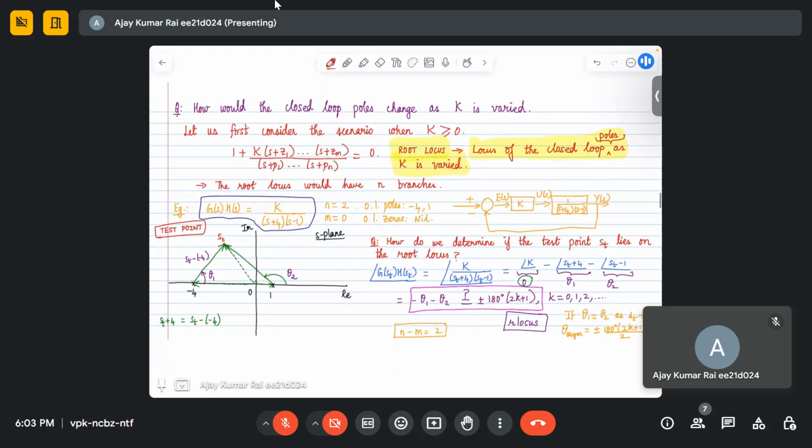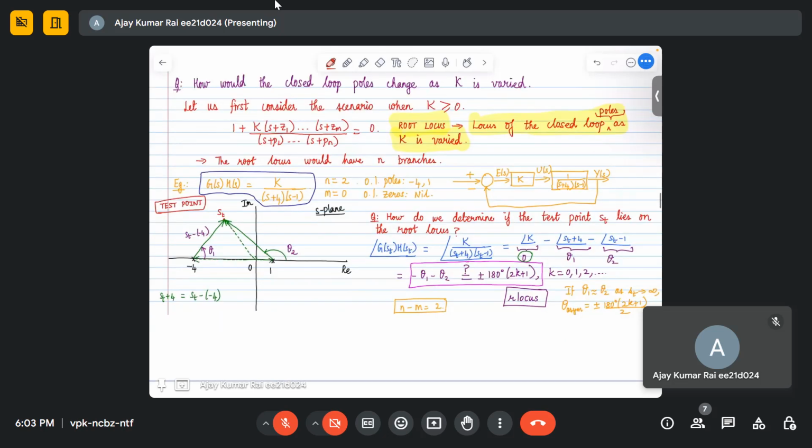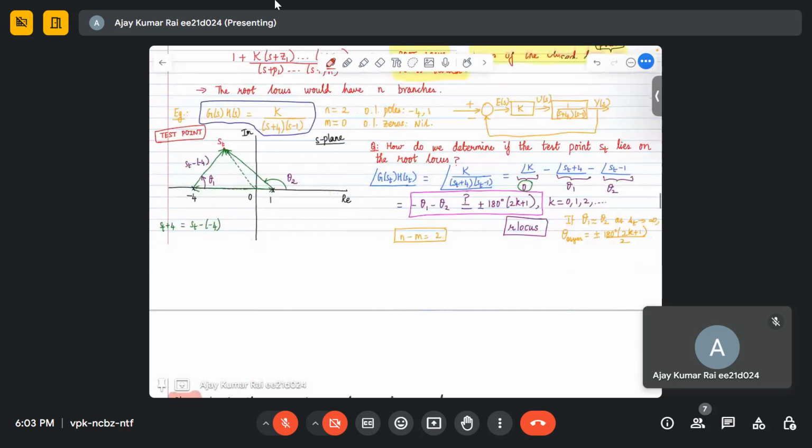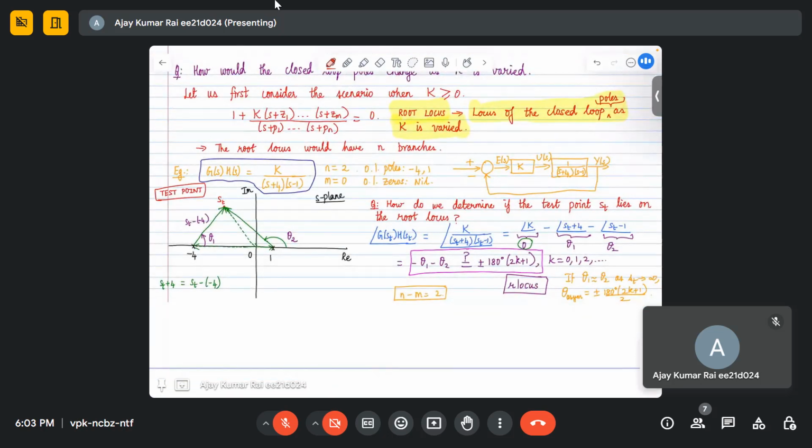We have already defined root locus: it is the locus of closed loop poles as K is varied. Since we are plotting the poles in the S plane, take a test point, s_t.